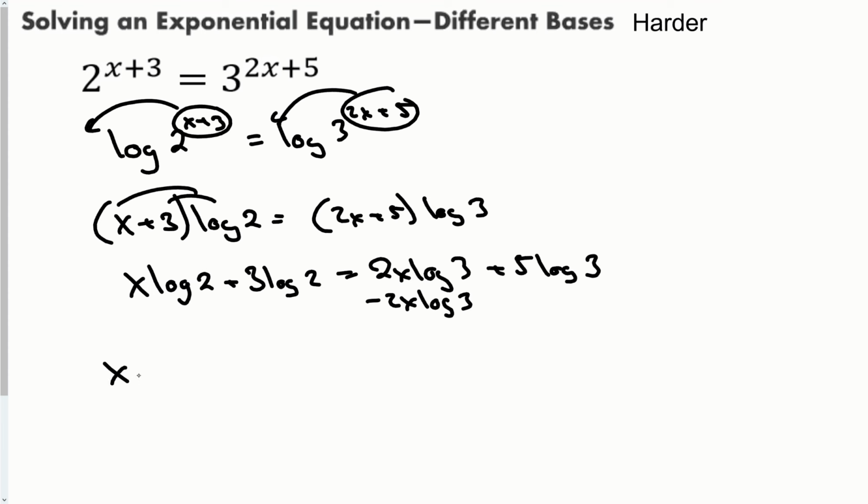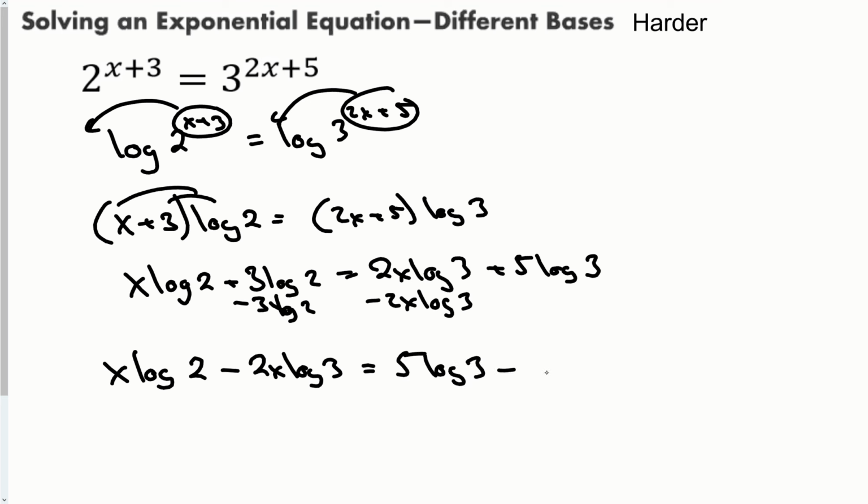So that's x log 2 minus 2x log 3. And I'm going to subtract this from both sides, that's 5 log 3 minus 3 log 2, to get it out of there because it doesn't have an x.